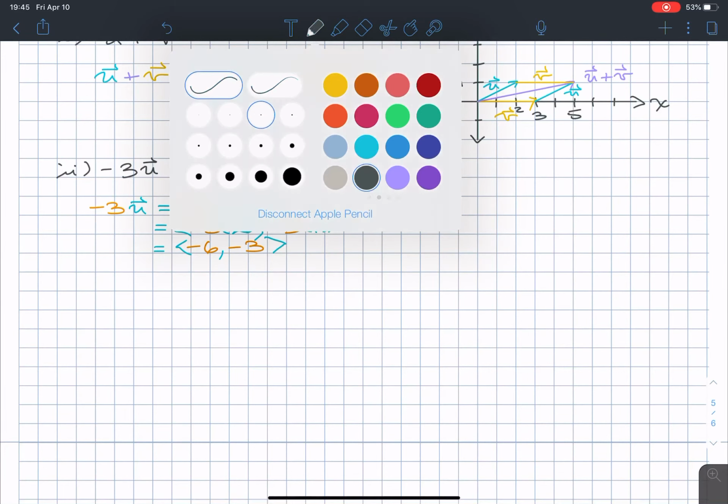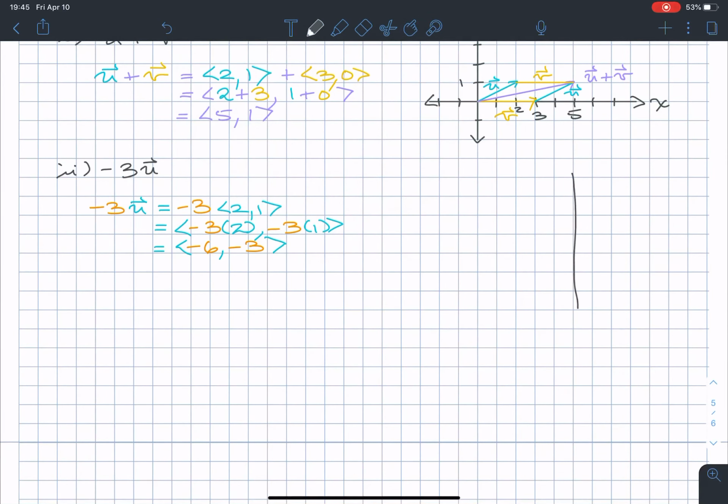So x and y coordinate axes. So this is negative 6, this is negative 3, this is 3, this is 2, 1.